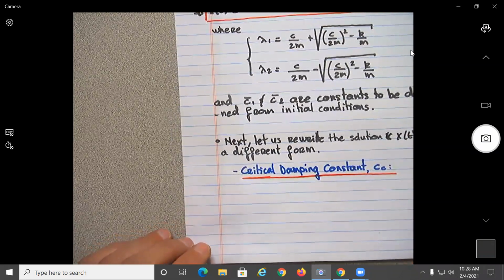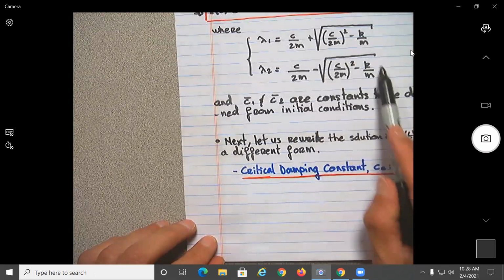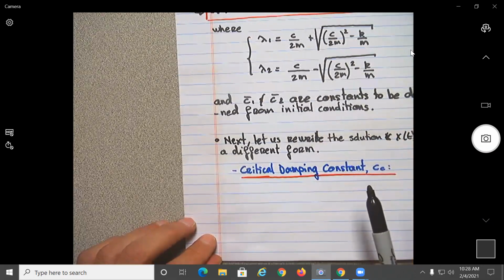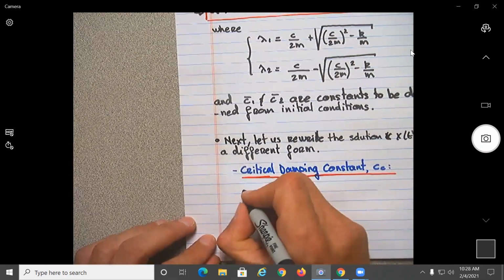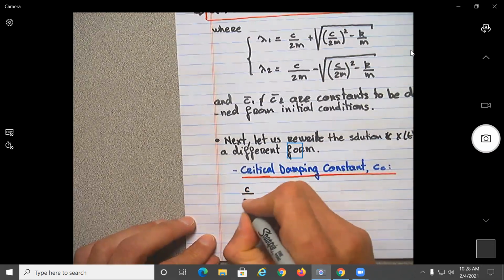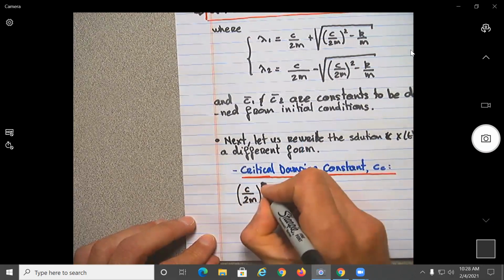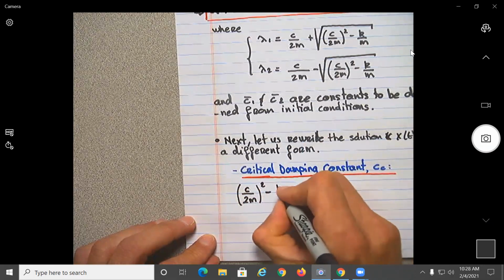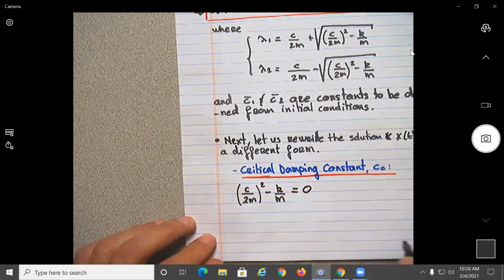Okay, so the critical damping constant is defined as the value of the damping for which this term over here becomes 0. So we have C over 2m squared minus K over m equals 0.